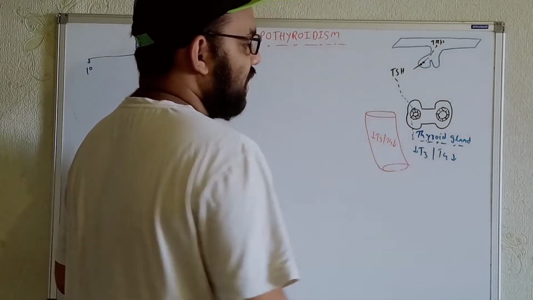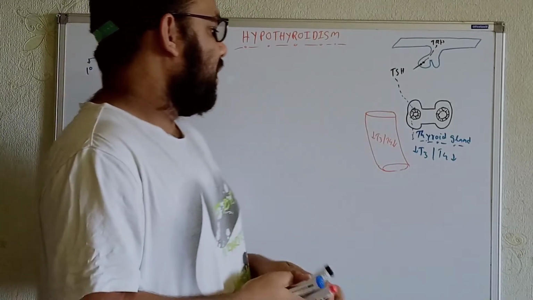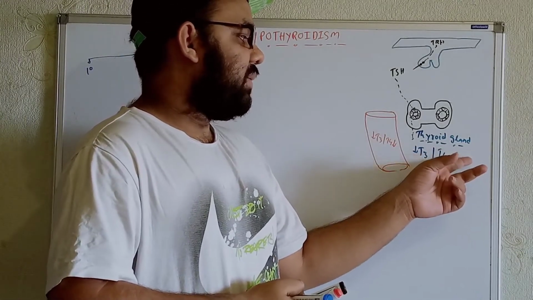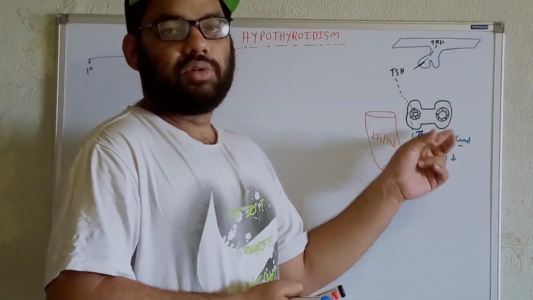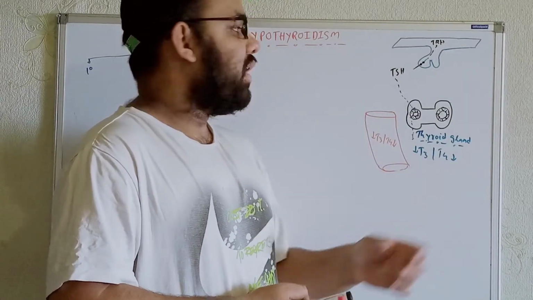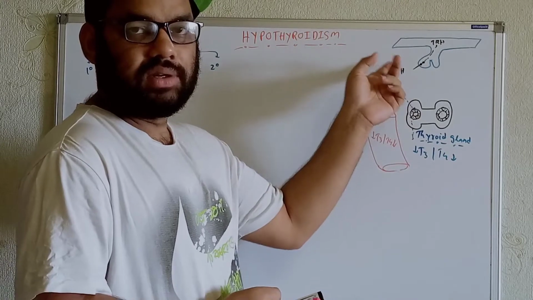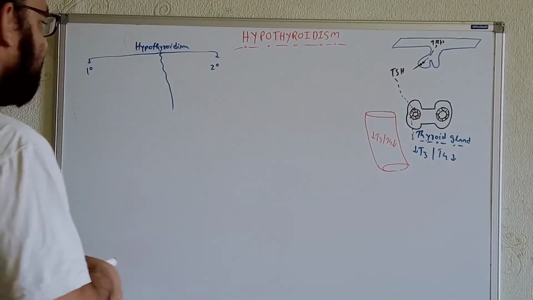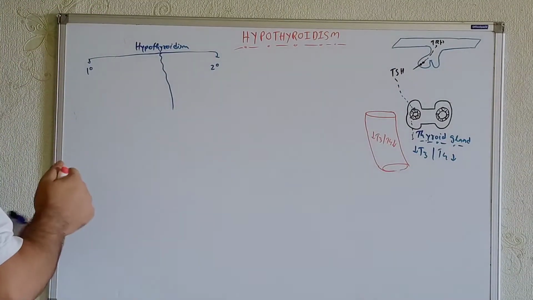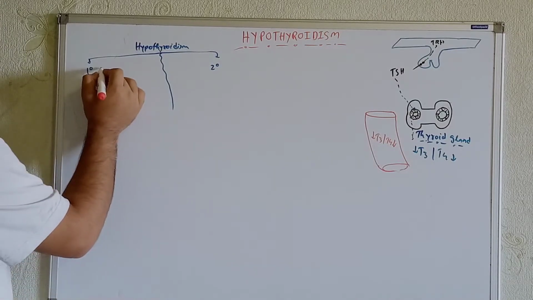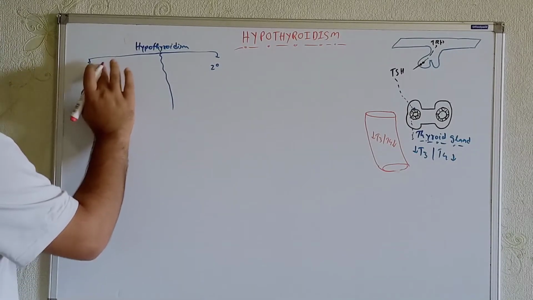So one thing we can get: if we get a problem at the thyroid gland level, this type of problem is known as primary hypothyroidism. T3 and T4 will be less, but the TSH level will be increased. Try to understand from here. In primary hypothyroidism, the problem is at the level of the thyroid gland.